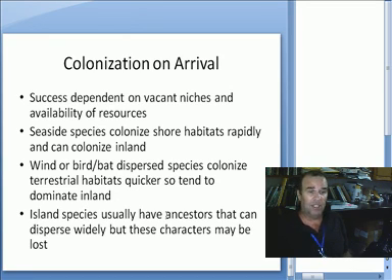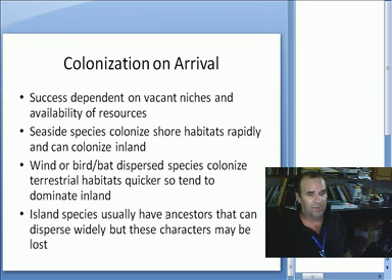If you left these seaside species without any competition, eventually individuals from those habitats would evolve to colonize inland more. But before they get to do that, usually a bird or a bat comes in and colonizes those vacant niches in the middle of the island.